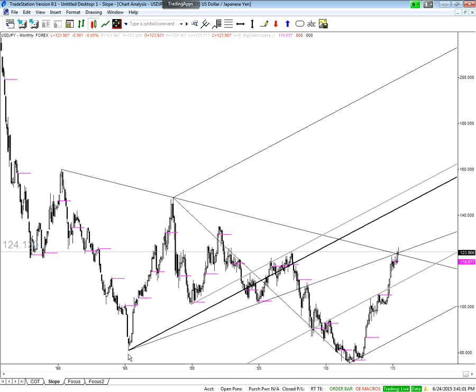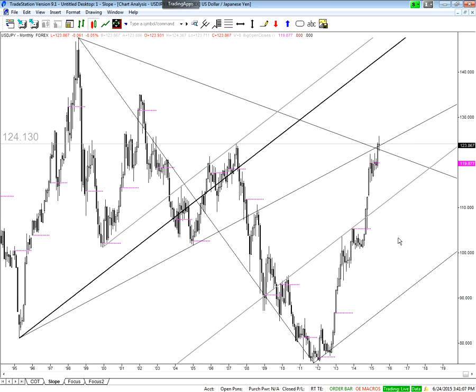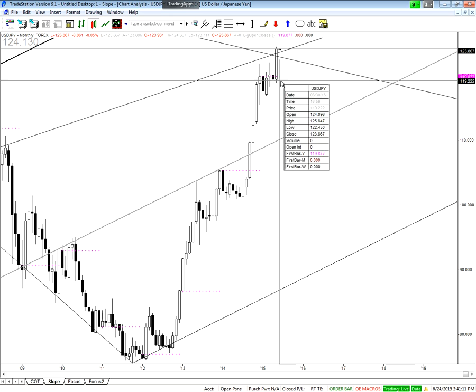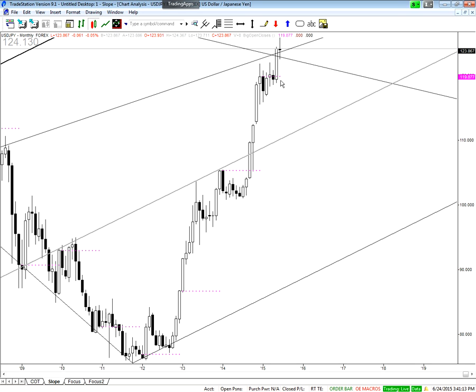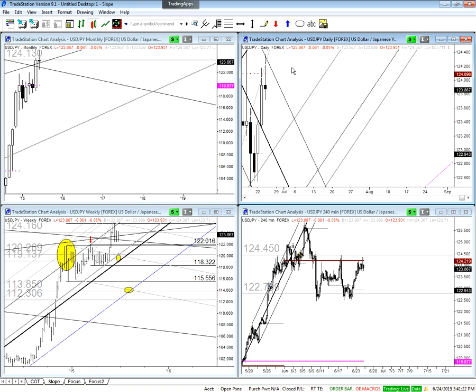Then this is the 95 and 2005 lows, and here we are 10 years later, 2015. The break above this confluence got a lot of people excited, but it would be just as bearish on the other side if we were to put in something like a monthly reversal candle here and close somewhere down here. That's something to keep in mind as we move into the end of June next week.